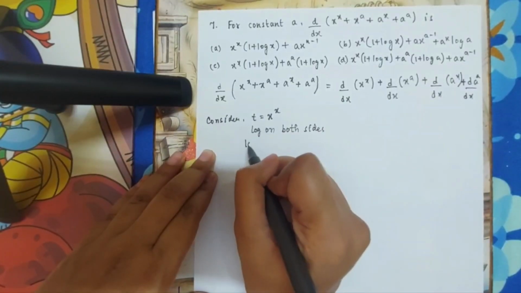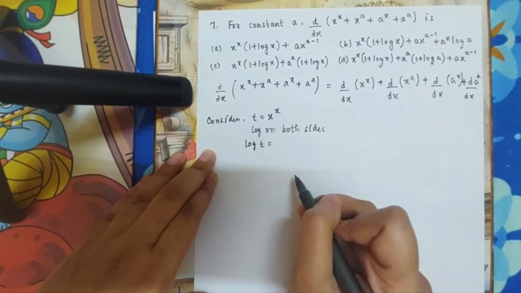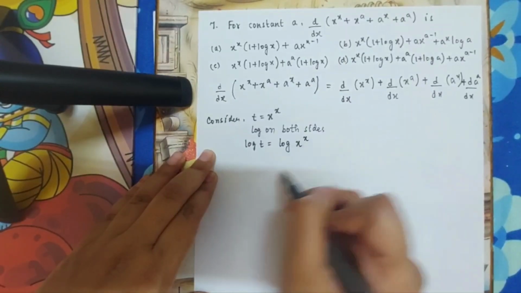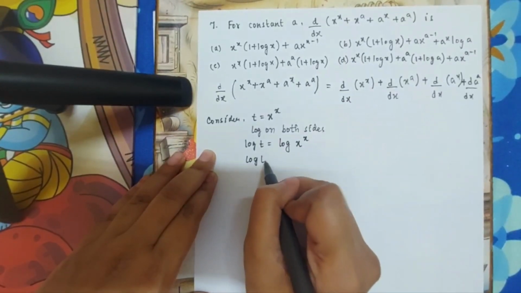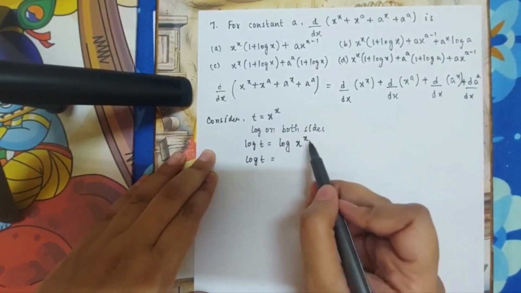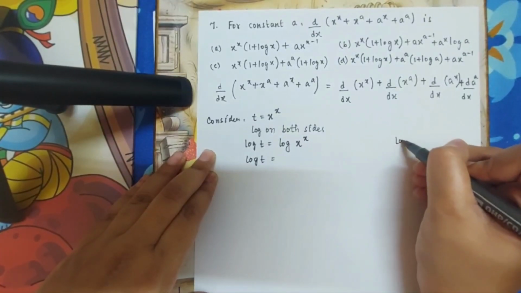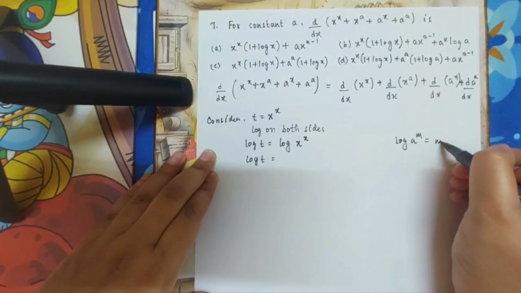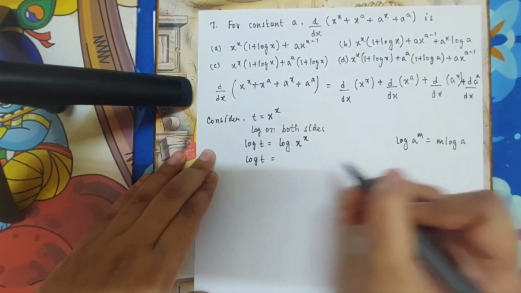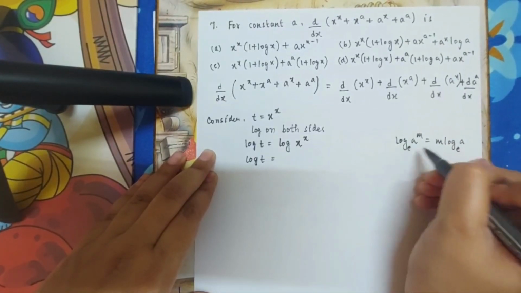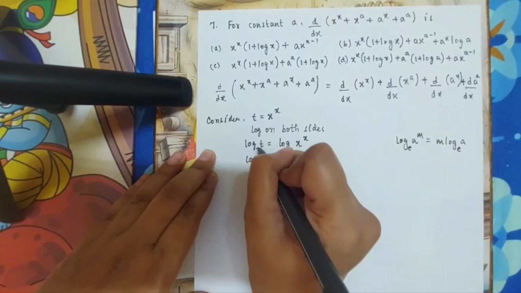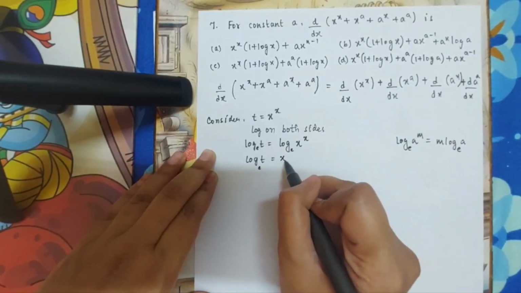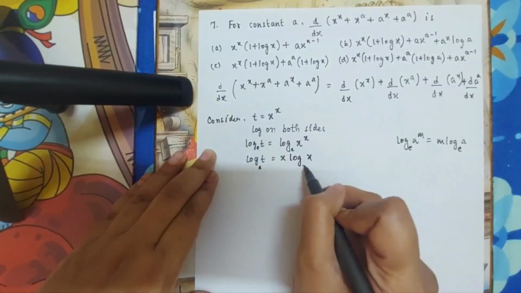So log t will be equal to log of x to the power x. We know log of a to the power m can be written as m log a, and this is to base e. So this becomes x log x to base e.